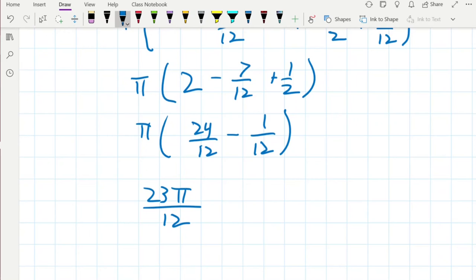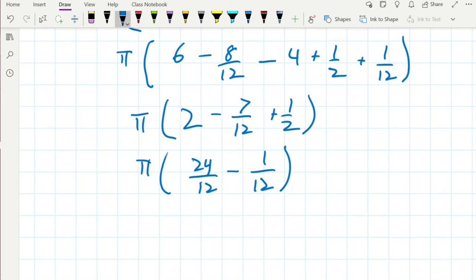And it looks like I did some, one minute, did I do it right? Oh no, because this is supposed to be a minus there. And this is 1/2. Let me check.